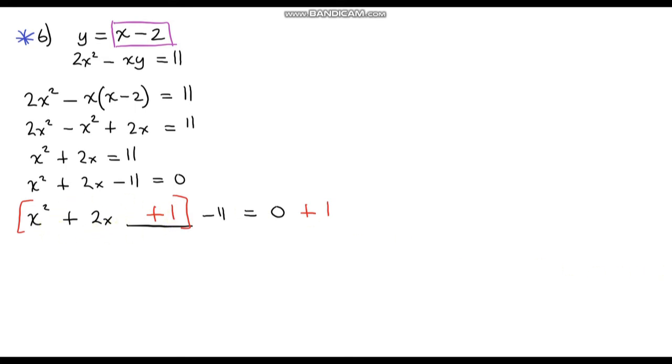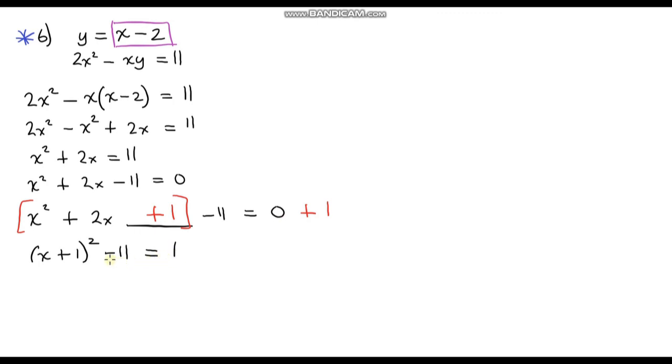This factorizes to x plus 1, all of that squared. Again, you could think about two numbers that multiply together to get 1 and add together to get 2. Well, those two numbers would be 1 and 1. So it would be x plus 1 times x plus 1, or we could just write x plus 1 squared. So we have x plus 1, all of that squared, and then we've got minus 11. And on the right-hand side, 0 plus 1, well, that is just 1.